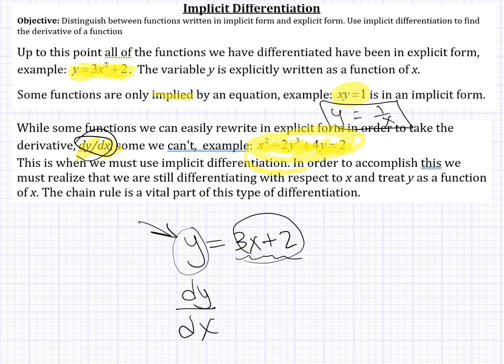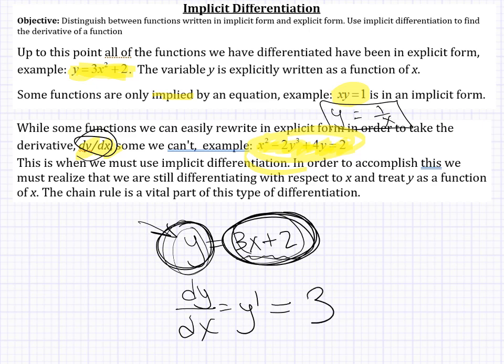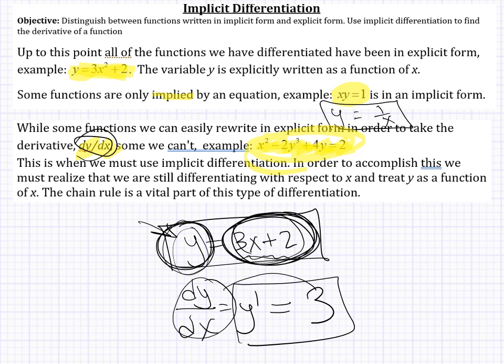And we could write dy dx, or we could write y prime, but either way, that's taking the derivative of this side of the equation. Then we take the derivative of the right side of the equation, and we would get 3 in this case. Very simple. We could figure out what y prime equals, or what dy dx equals, very easily when we have an explicit equation. That's a little trickier when we have an implicit equation.